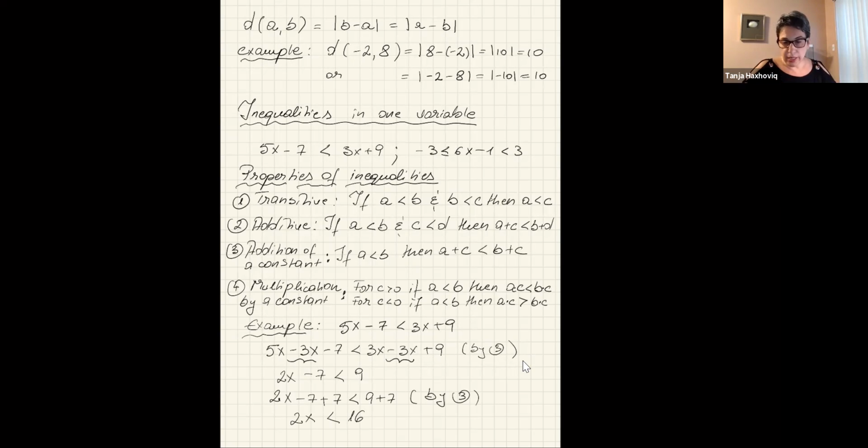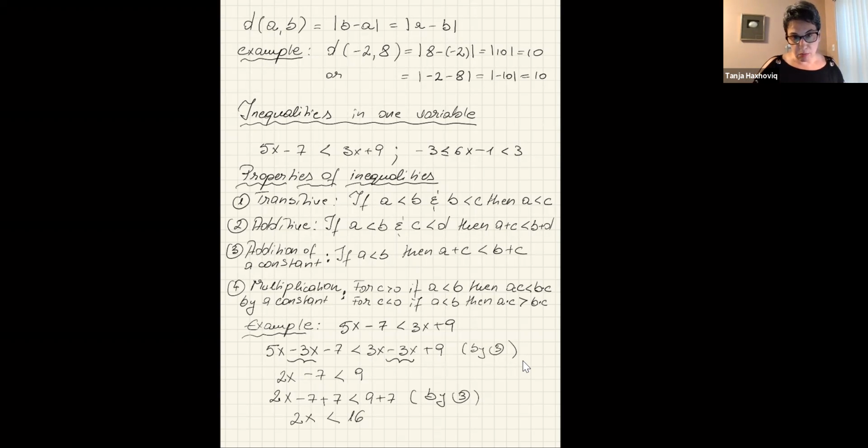We're almost there. Now I need the x by itself. I need to divide both sides of this inequality by the coefficient in front of x, which is 2.